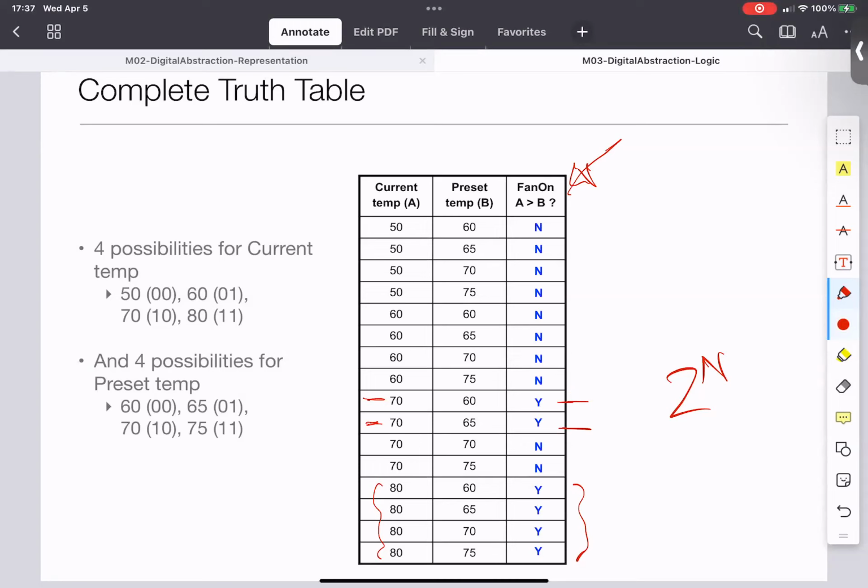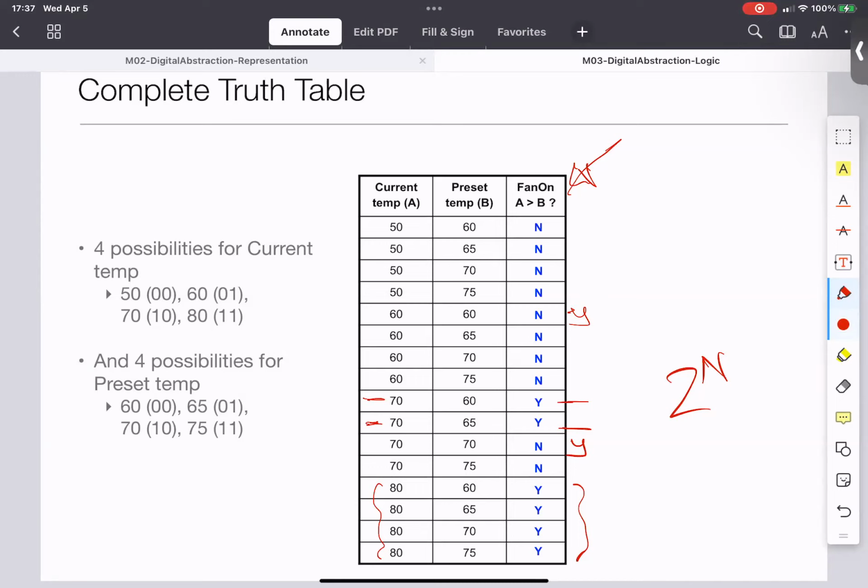So in that particular case, this will become a y. This will become a y. This will become a y. So 2 more y's. That would be a slightly different logic, a slightly different thermostat. So you can think of it as representing a different equation, a different function.